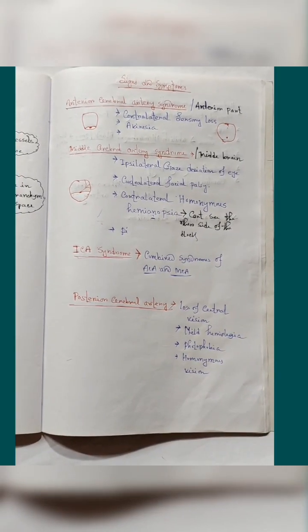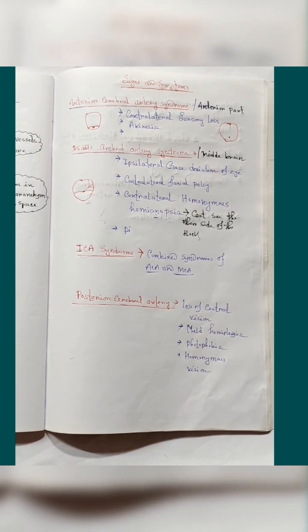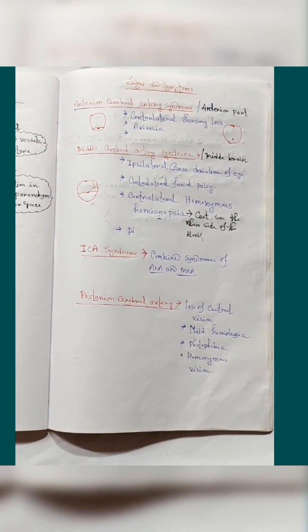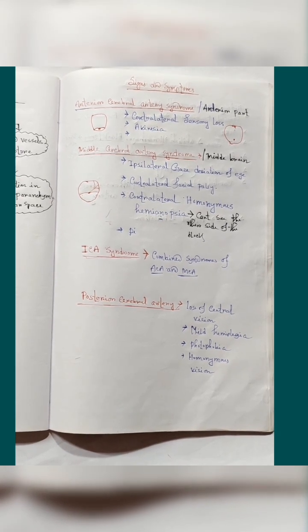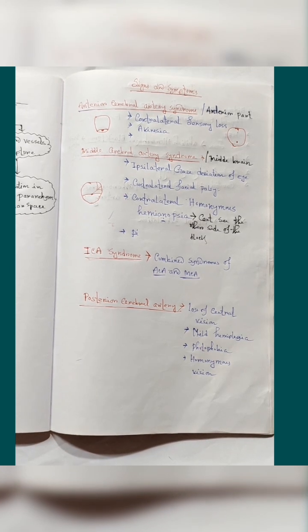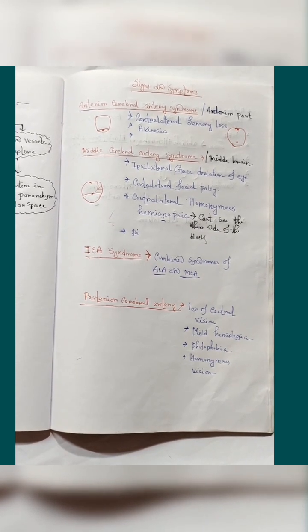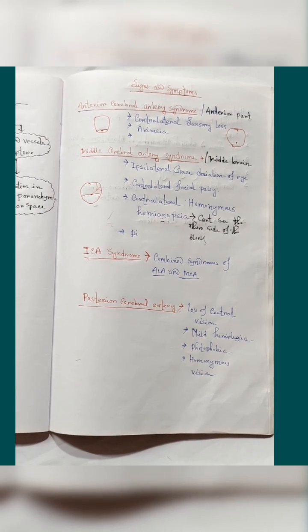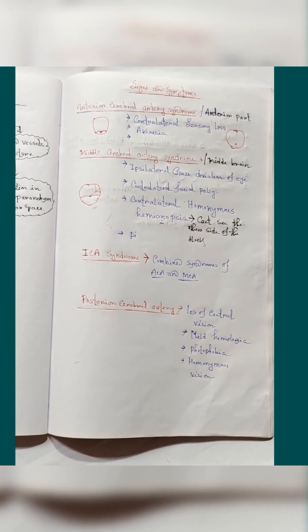Now let's talk about the clinical manifestations of the stroke. When we studied the blood circulation of the brain, we discussed how blood is supplied to the various parts of the brain through the internal carotid arteries and the vertebral arteries, right?